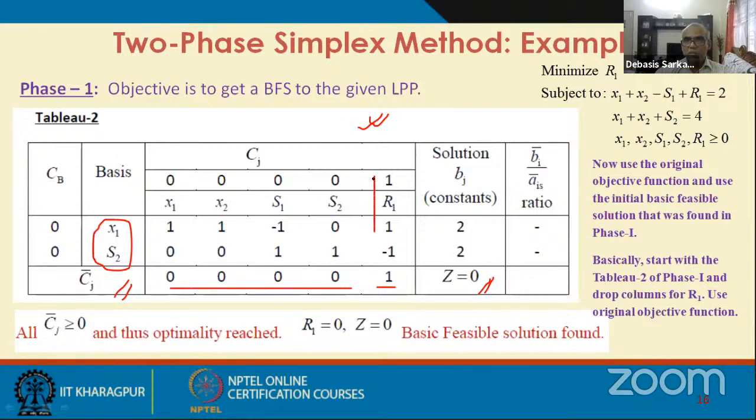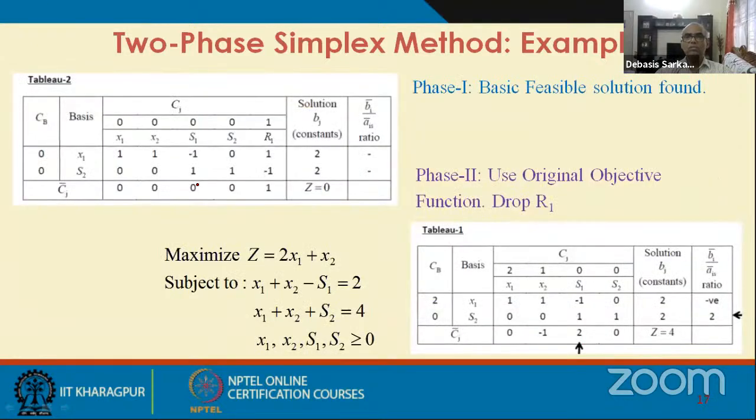Basically, we'll drop this column and change the objective function. So these coefficients will change. Let us see how. So this is my original problem. Maximize z equal to 2x1 plus x2. And this is the final tableau of phase 1.